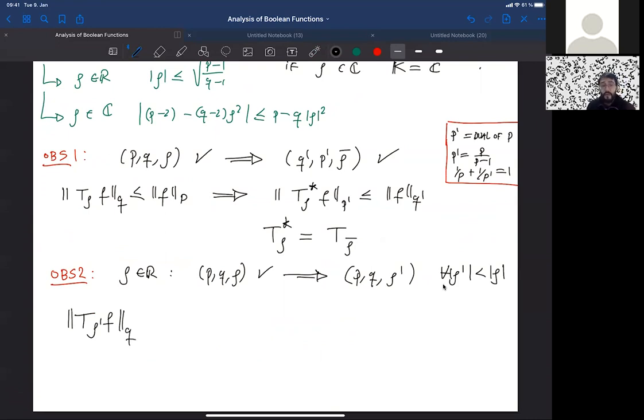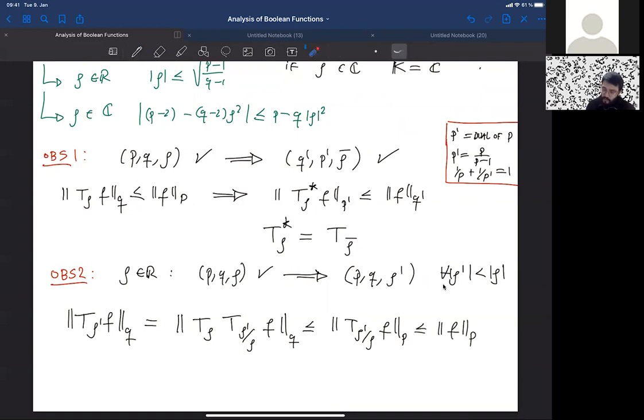Now ρ′ just has a modulus less than ρ. So then you can just write this as T_ρ applied to T_(ρ′/ρ) f, using the group properties of this operator. And then you just bound this by the norm of T_(ρ′/ρ) f in L^p. And now we saw, by one of the observations of the previous class, that this was true whenever this number was real and had modulus less than or equal to 1. And so, done.